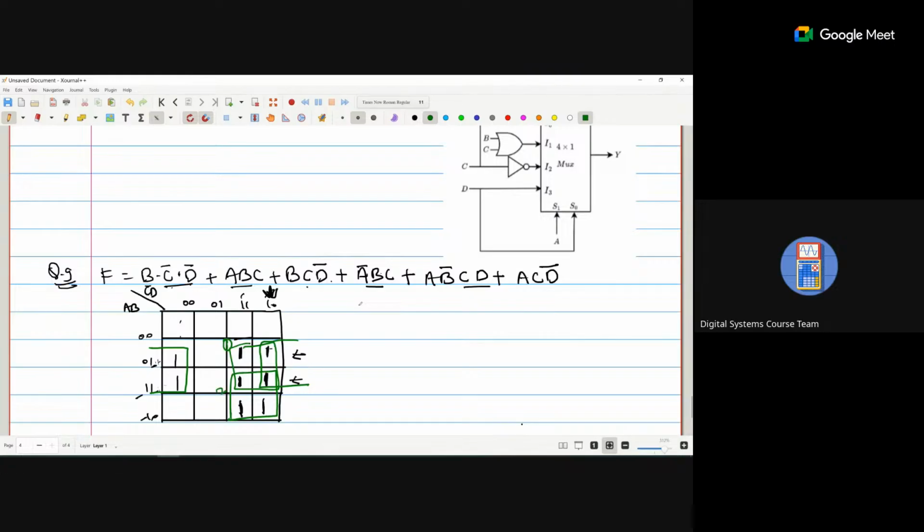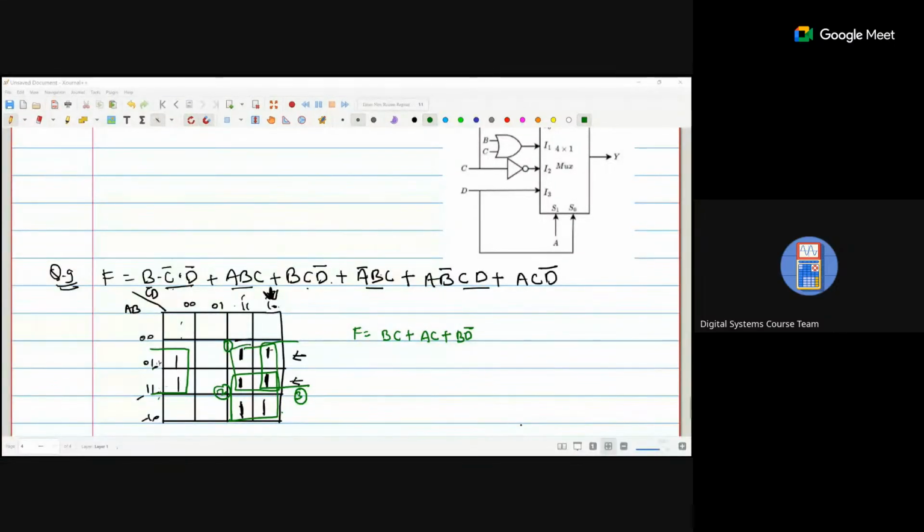This is group 1, this is group 2, and the last one is group 3. So for group 1, B is constant and C is constant. For group 2, A C. And for group 3, B D bar. So the result is B C, A C, and B D bar.